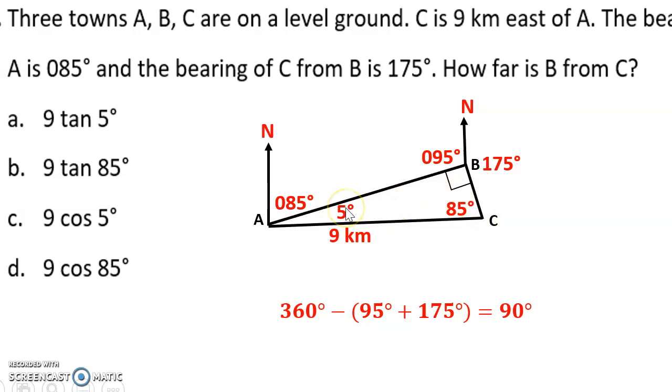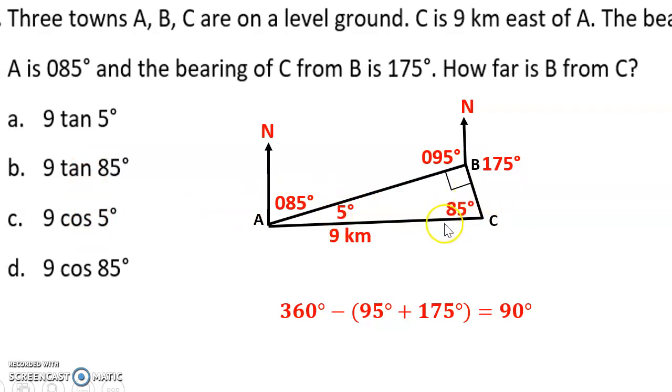If we use 5 degrees, then this side would be opposite, this side would be adjacent, and this side would be hypotenuse. If here is the opposite, then the formula would be opposite over hypotenuse, which is sine, and our options are tan and cos. So we cannot use the 5 degrees angle.